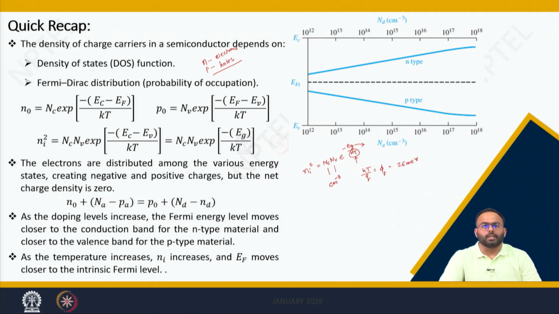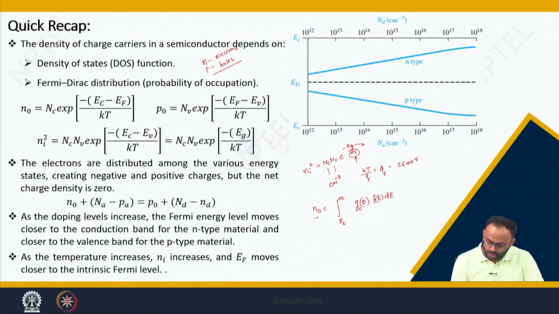We have also seen how to calculate the electron and hole concentration in a semiconductor. So we need to consider the proper limit from the edge of the conduction band to infinity, and we take the effective density of states multiplied with the Fermi-Dirac function over energy, right.